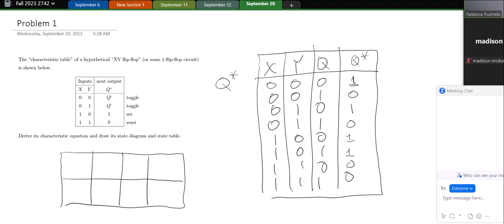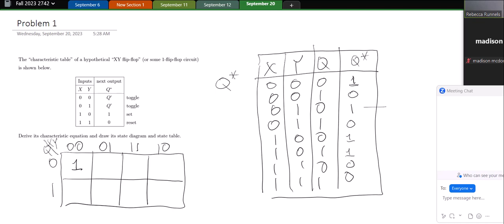And I will put XY on top and Q on the side, 0, 0, 0, 1, 1, 1, 1, 0, and 0, 1. And so 0, 0, 0 is 1. And where are my other ones?